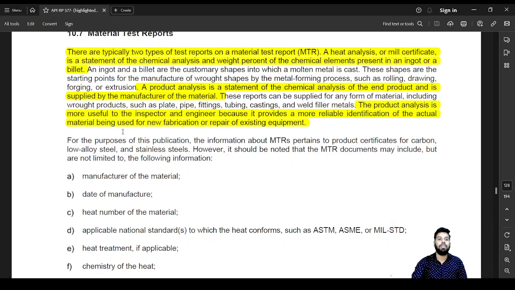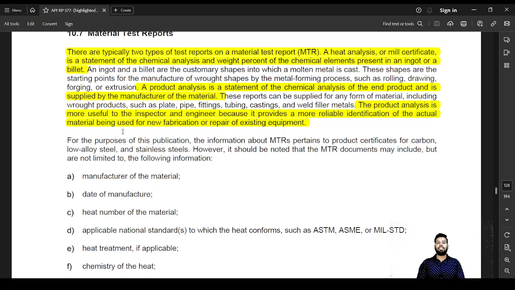Material test reports. There are two types of material test reports. On the material test reports, the heat analysis or mill certificate is a statement of chemical analysis, the weight percentage of chemical elements present in an ingot or a billet. A product analysis is a statement of chemical analysis of the end product which is supplied by the manufacturer of the material.